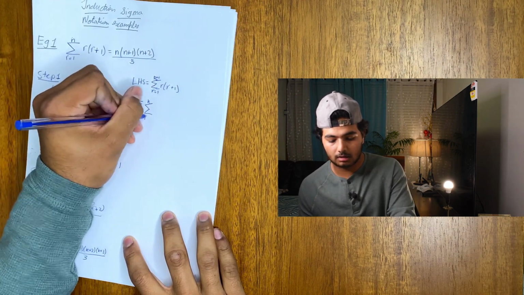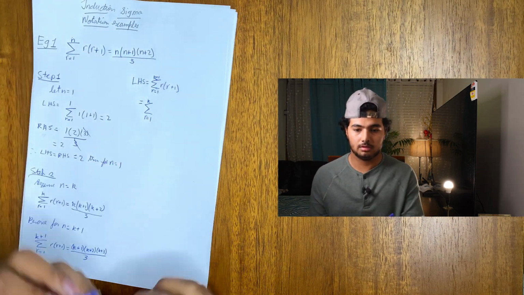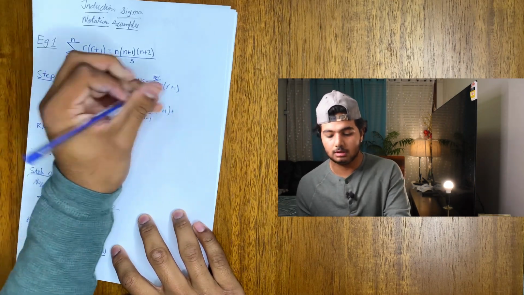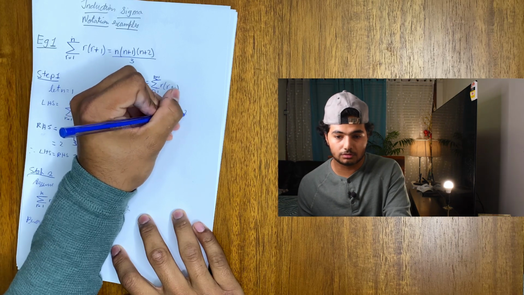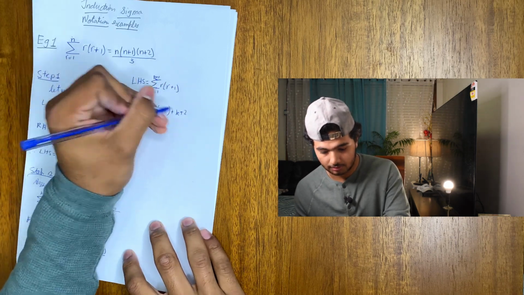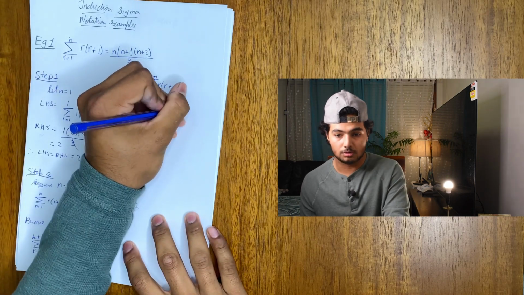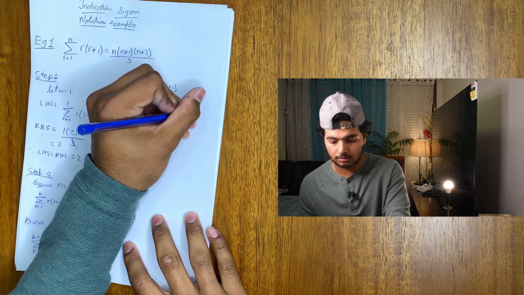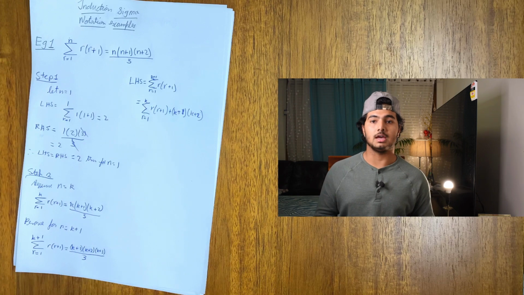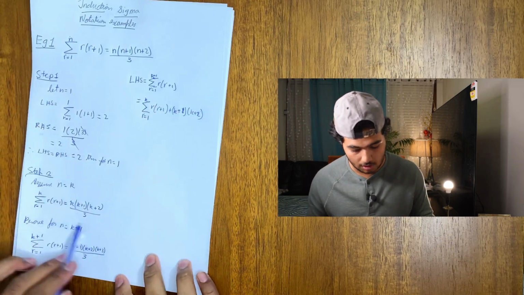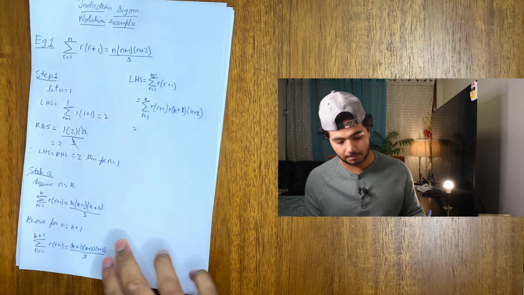We have sigma k, r equals to 1, r brackets r plus 1, plus k plus 1, k plus 2 in this case. This sum we already know equals to this over here, so let's just sub that in.